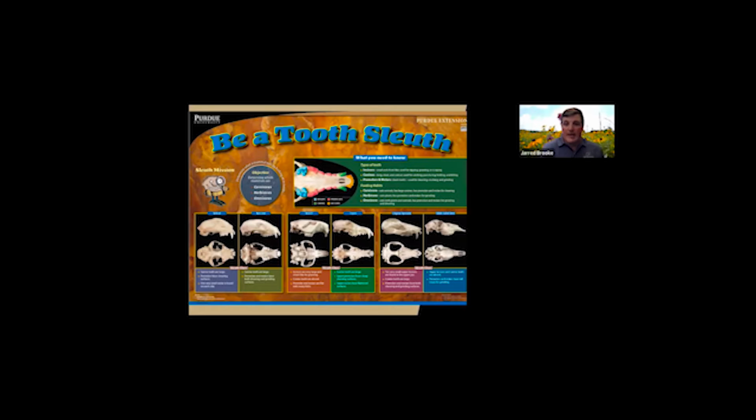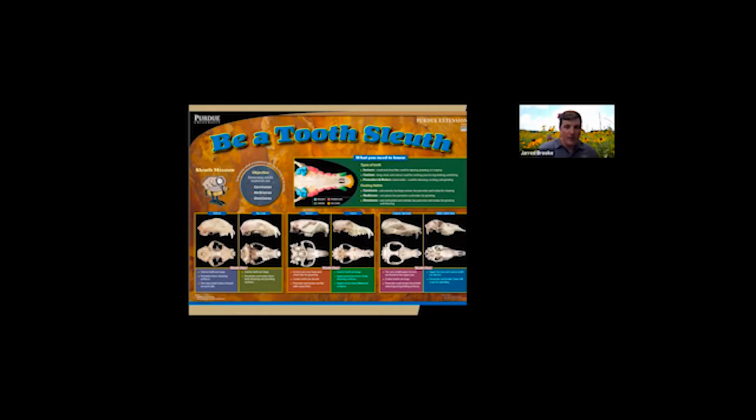So it goes through the types of teeth, so incisors and canines and premolars and molars, and helps students identify where those are located in the skull. And then it goes through the different feeding habits, so carnivores, herbivores, and omnivores. And then it gives you some examples of different Indiana mammals and what their skulls look like, and then gives you some sleuth clues on how to identify that species based on their skull and based on their tooth pattern.